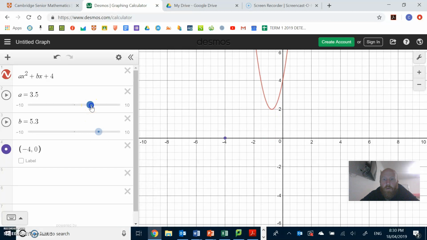This is hard work. Trying to decide what dilated all the way over there. Keep dilating. You get the drift. There's a particular combination of A and B that would put the turning point right there.